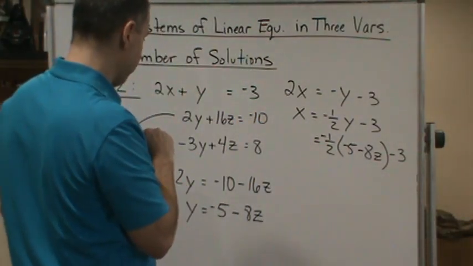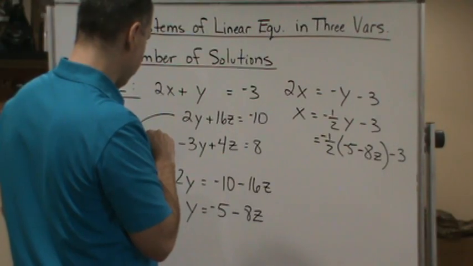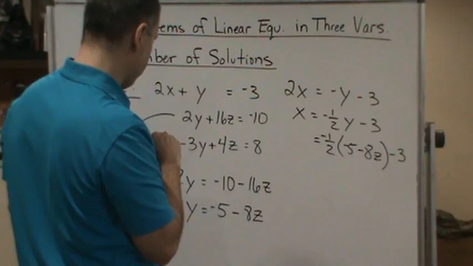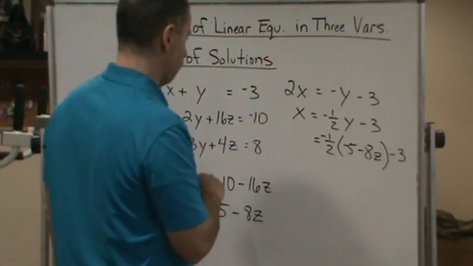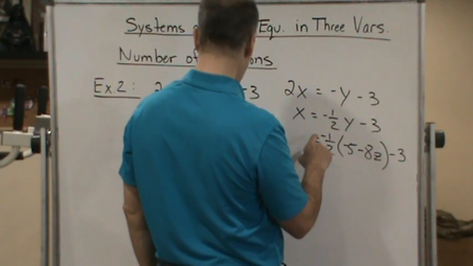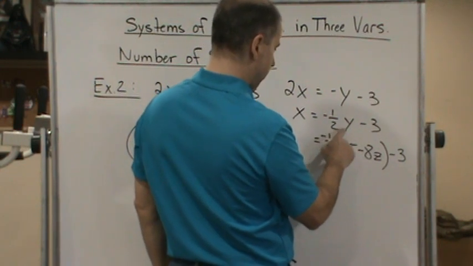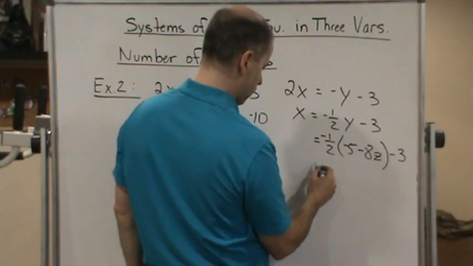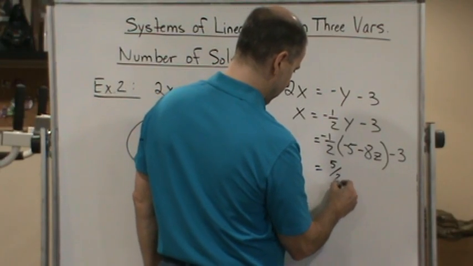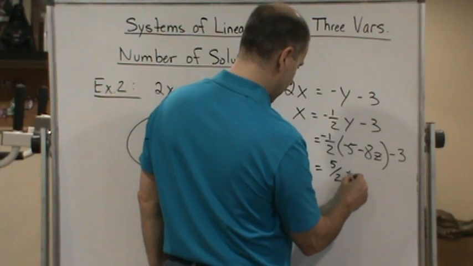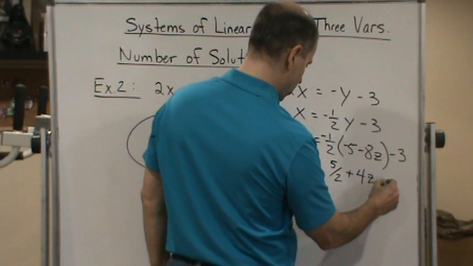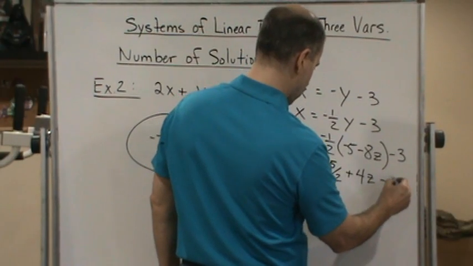Yep. So negative 1/2 y minus 3. So then we're going to distribute the negative 1/2. And so this is going to become positive 5/2 plus 4z minus 3.